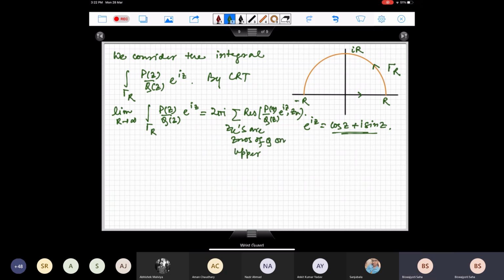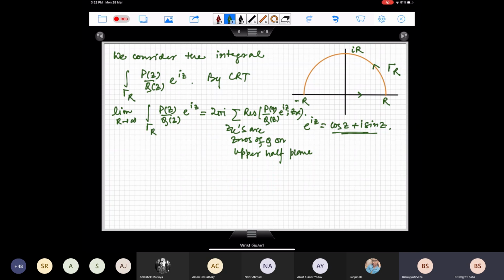So remember what kind of contour you are taking and what kind of singularities you are going to get. You have to be careful. The residues are to be taken at zk, where zk's are zeros of q on the upper half plane. Okay, so that is there.